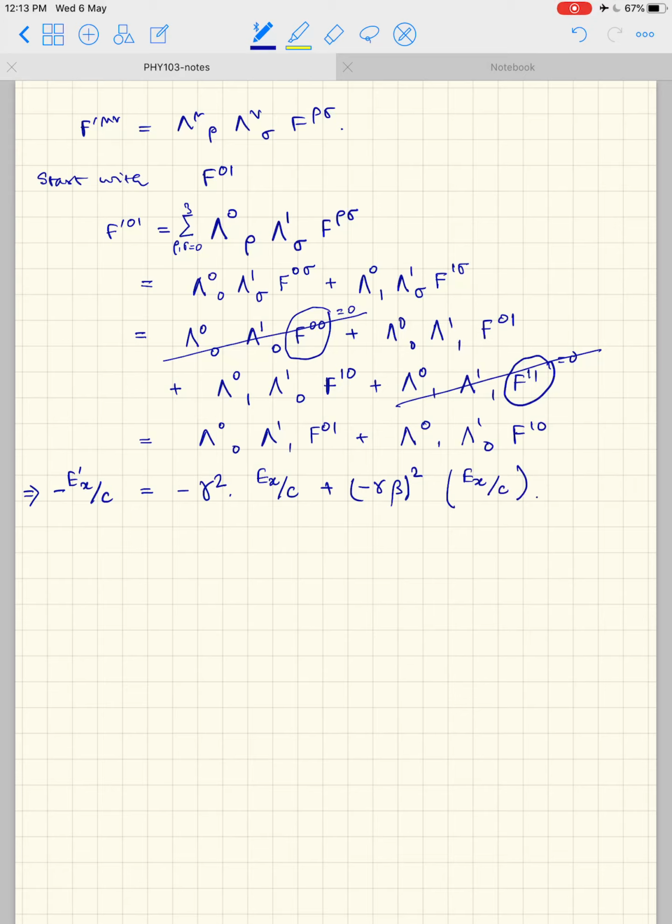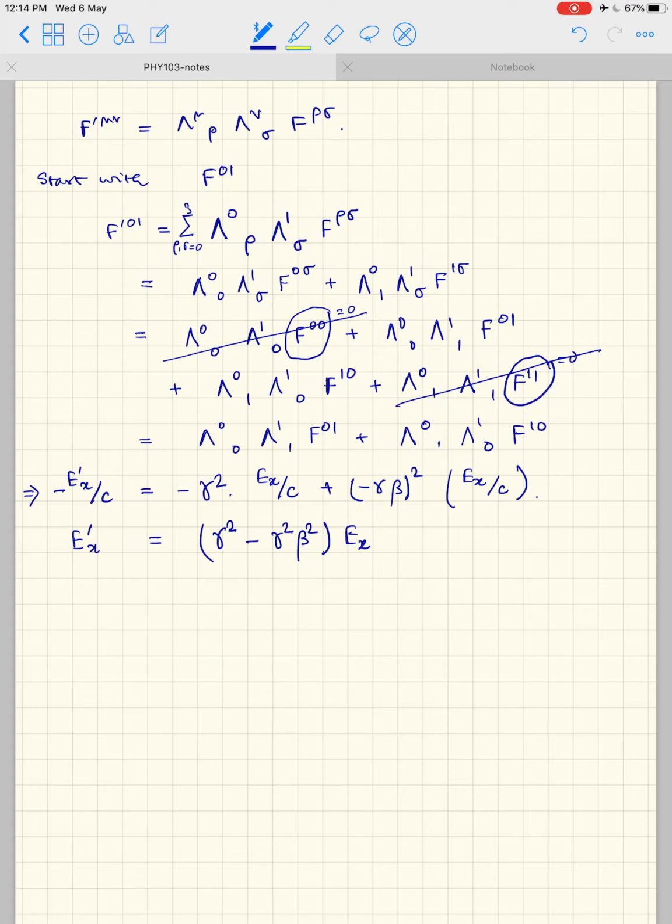So that means that Ex primed is equal to gamma squared minus gamma squared beta squared into Ex.